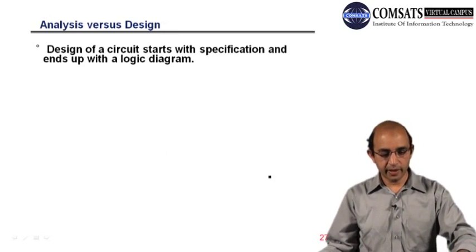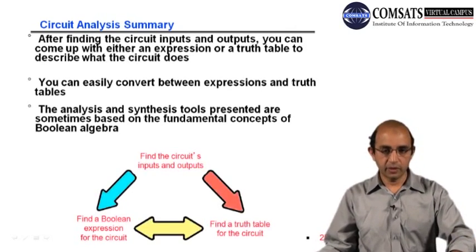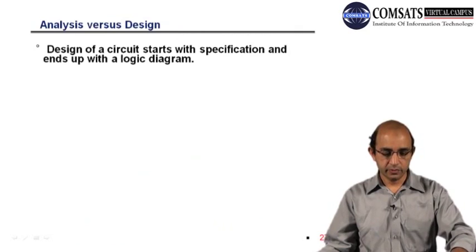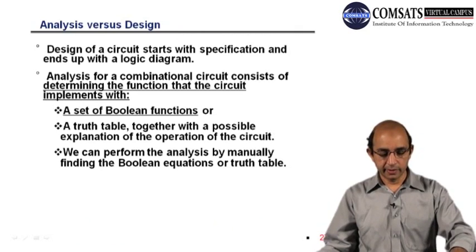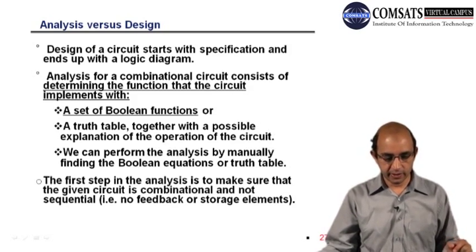If you go back, here you first have to determine the input and the output, and then it's your choice, depending upon the type of the circuit, you choose the truth table or you go for the Boolean expression. And then we can perform different sorts of simplifications and so on and so forth.